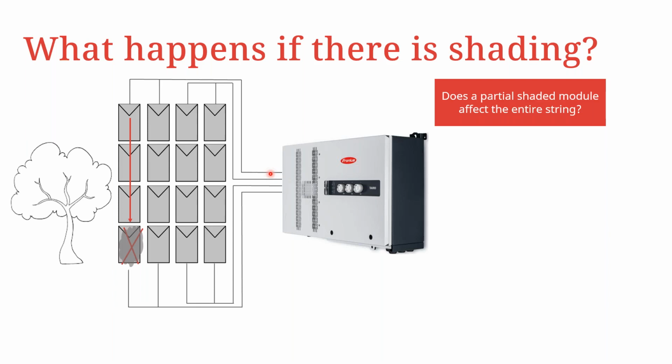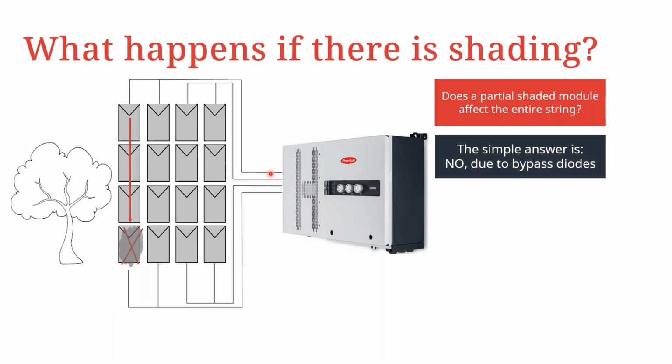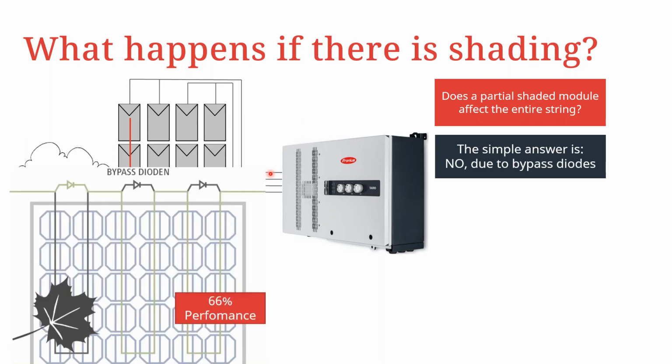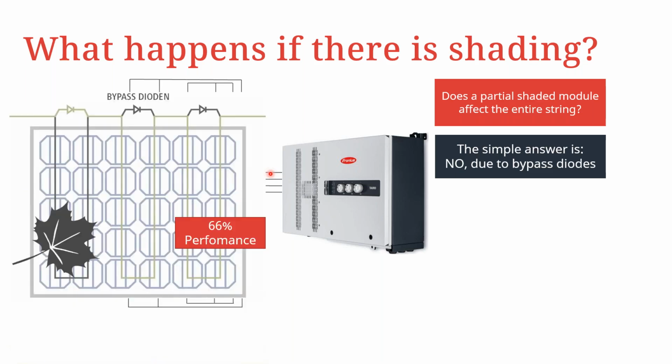So the question is now, does a partially shaded module affect the entire string? Well, the simple answer here is no, because for modules, what we have is bypass diodes. These bypass diodes, as you can see in this case, help to bypass, like the name implies, shaded parts of a module.